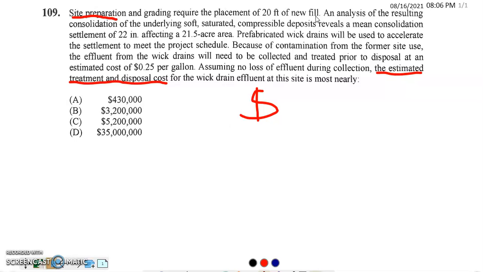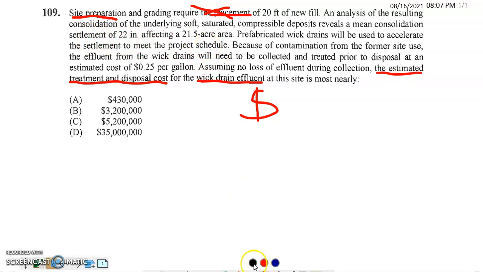The new fill is what you bring from another site to the construction site. They're asking us for the wick drain effluent, so we're dealing with drainage, not placement or compaction. So the first statement you don't need. What we need is the rest: the drainage, the 22 inches, the 21.5 acres.